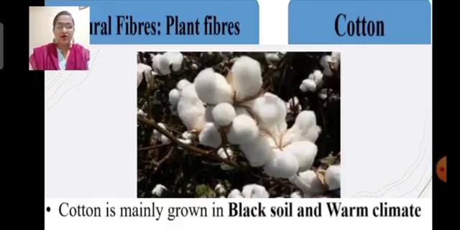Let's take cotton first. Cotton fibers are obtained from the fruit of the cotton plant, and these fruits are called cotton balls. Cotton is mainly grown in black soil and in warm climate.